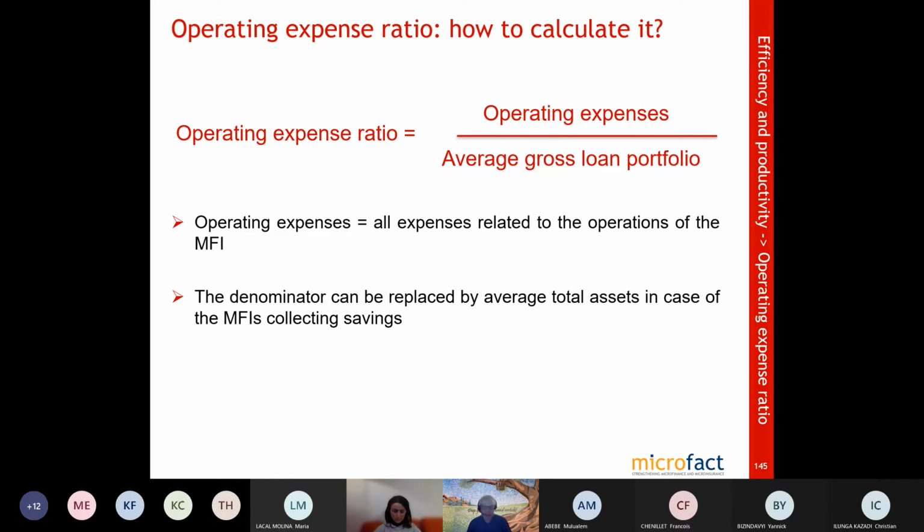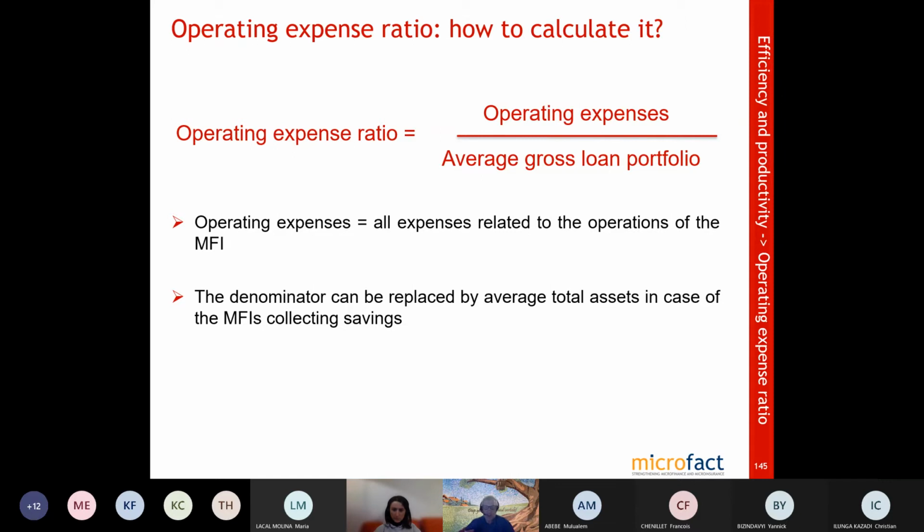the denominator. But in the sector, there's always a discussion by the ones who are collecting savings. They are saying, look, percentage-wise, our gross loan portfolio is smaller compared to credit-only organizations.